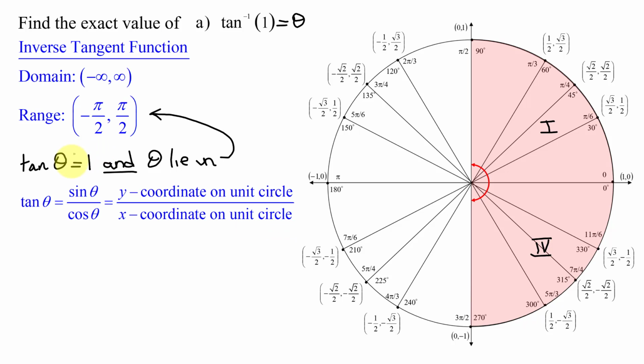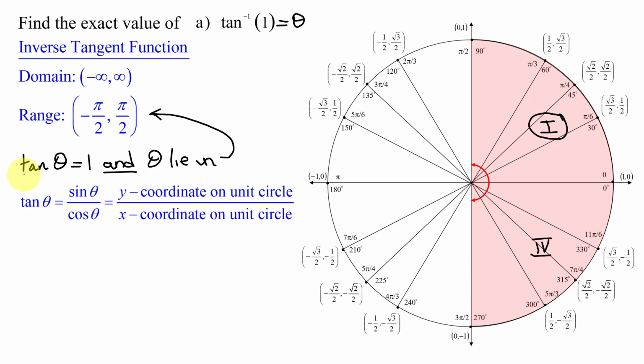For the tangent to be a positive number, that means the x and the y coordinates have to have the same sign. That is true in quadrant 1, but it's not true in quadrant 4. Therefore, I know my angle has to lie in quadrant 1.